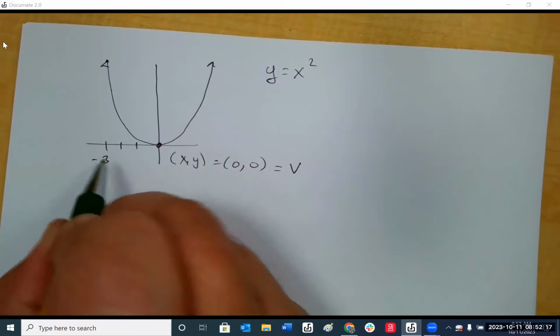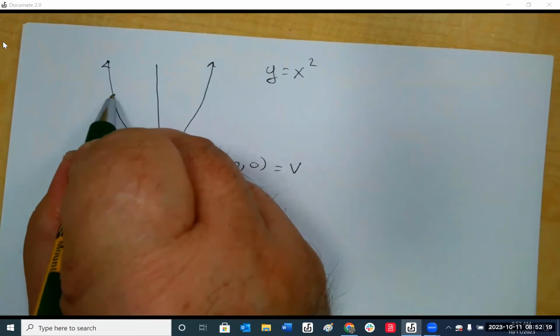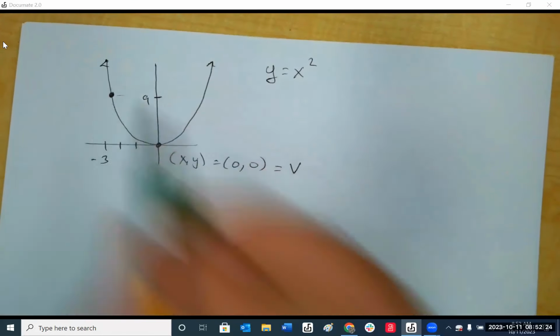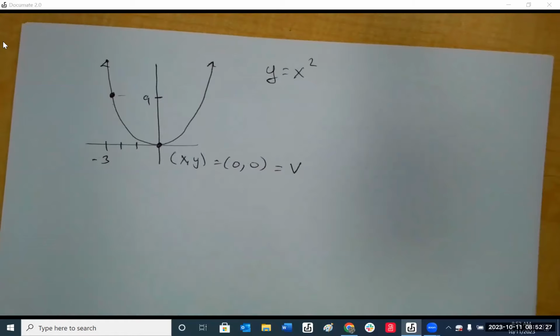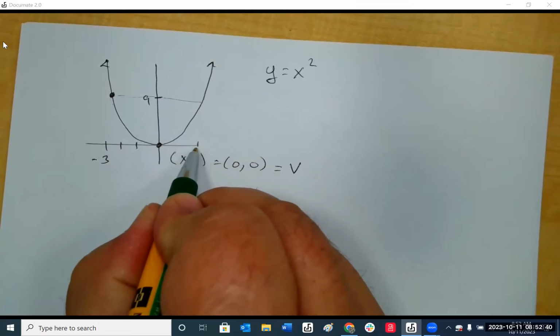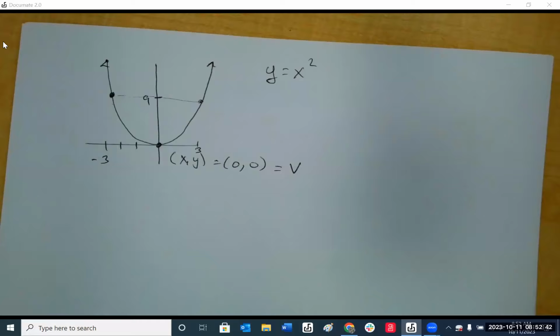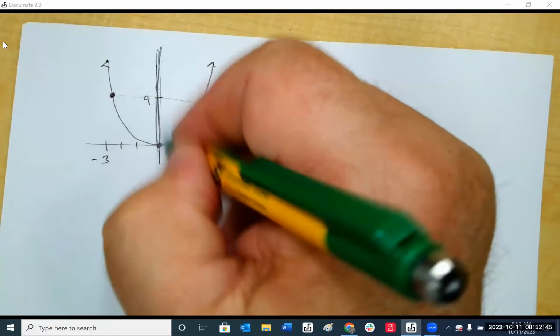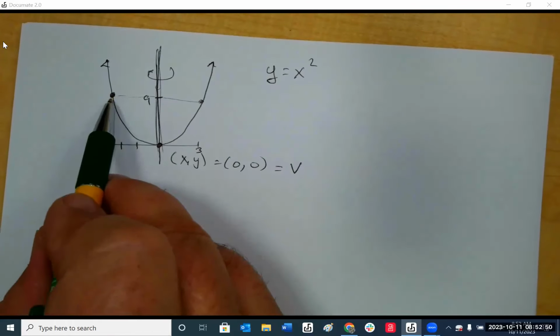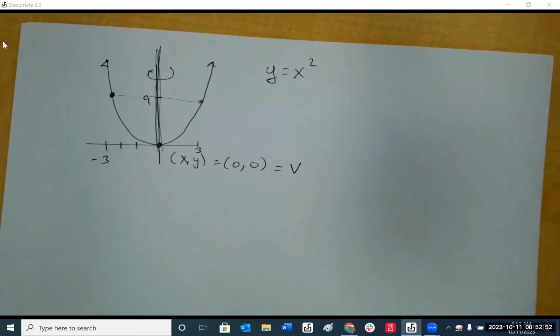So if I went to -3 and it equaled 9, in other words, if I had a point there, can you tell me another point? There should be another point that's exactly the same on the other side. So it's going to be at +3, 9. Because it's symmetric about this axis. So if I give you one point, you can always tell me another point on the other side.